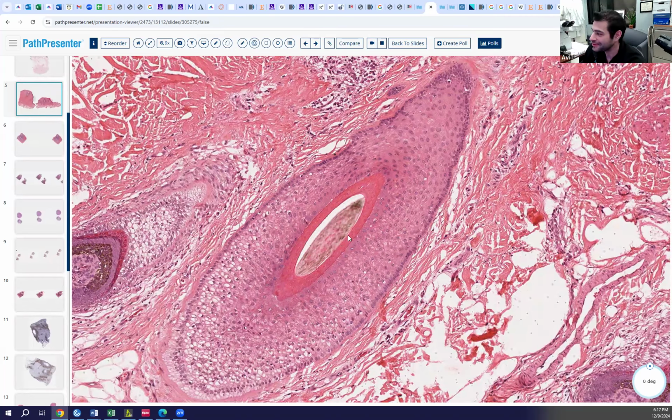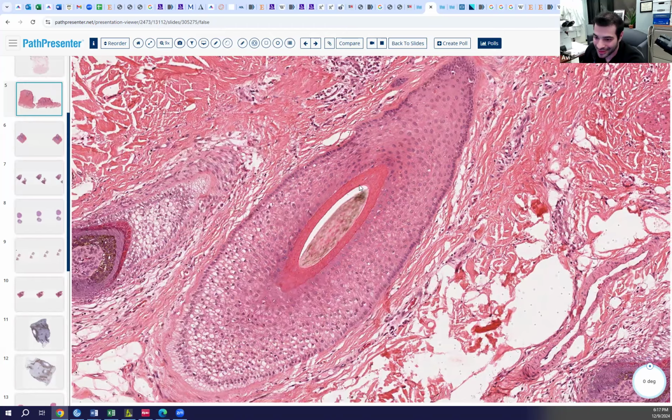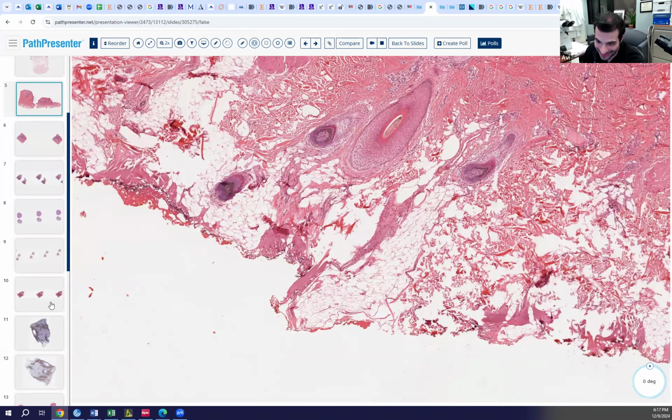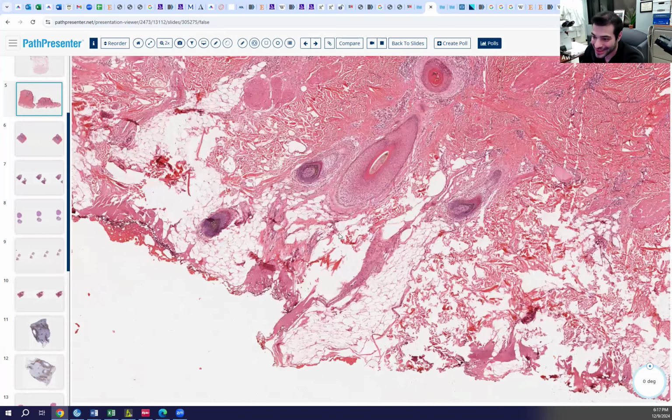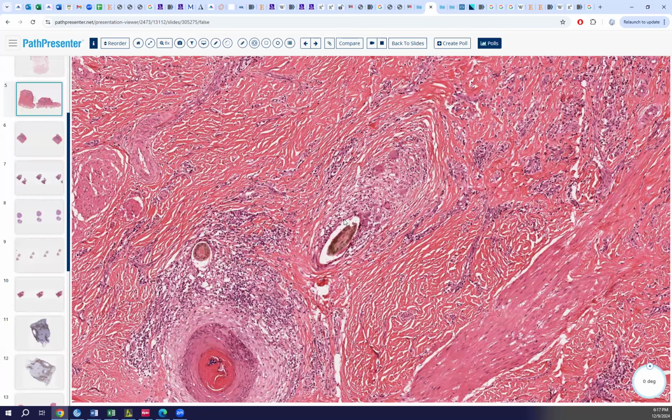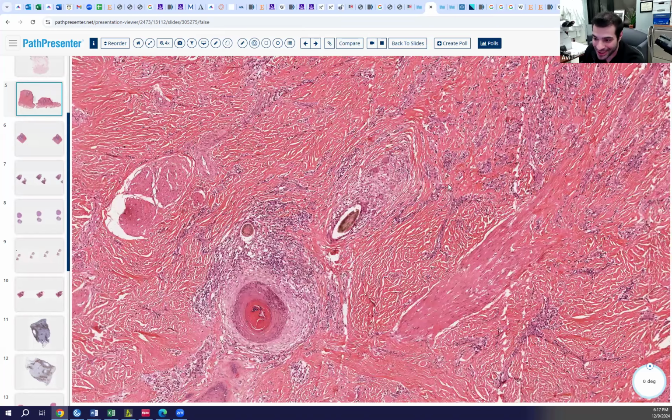This is a hair shaft. That's where it's supposed to be, in the follicle. There's two places they're supposed to be: in the follicle and out of the body. Is this in the follicle or out of the body? Neither. Not in the follicle, nor out of the body. Yeah, okay, so you have free hair shafts.